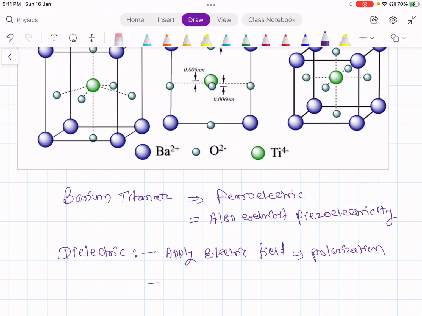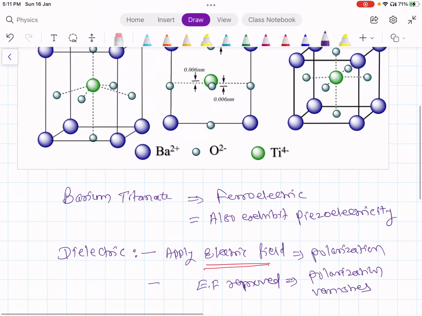And when this electric field is removed, then this polarization vanishes. Such materials are called dielectric materials.